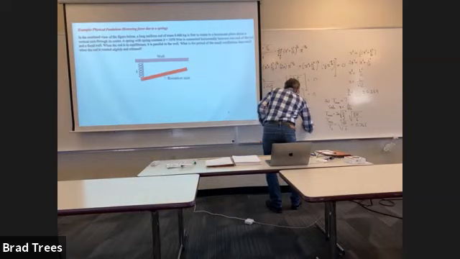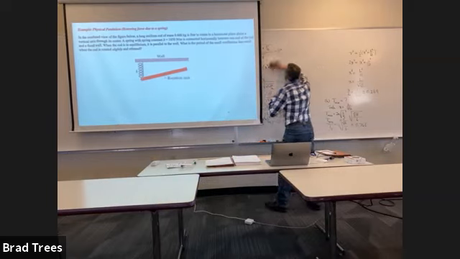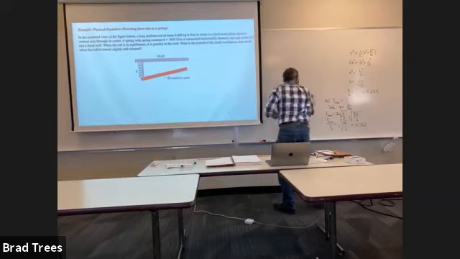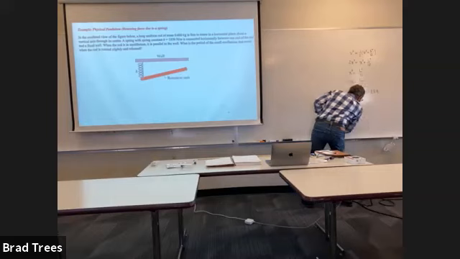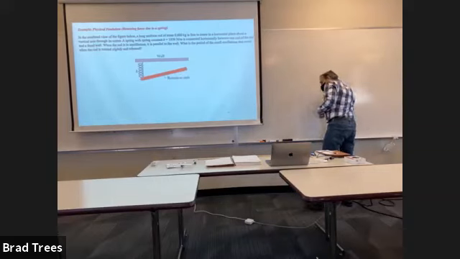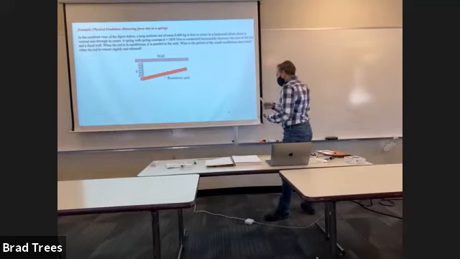So let me draw my own picture, and I'll show you how we tackle this. So this is a physical pendulum, but the restoring force is coming from a spring, not from gravity.